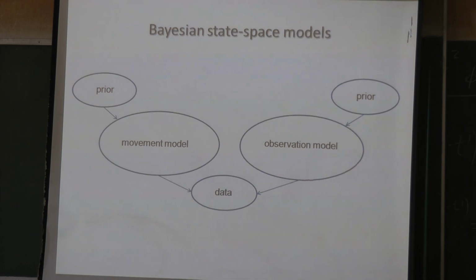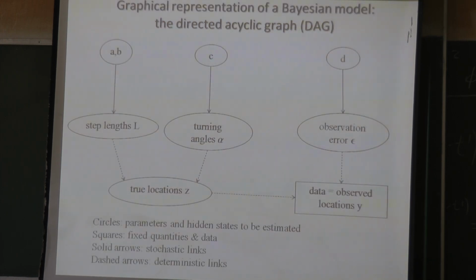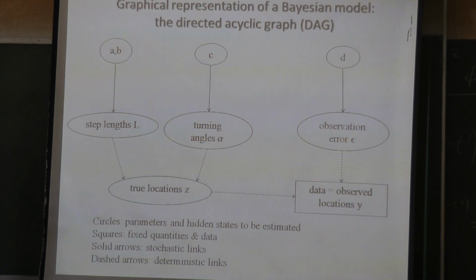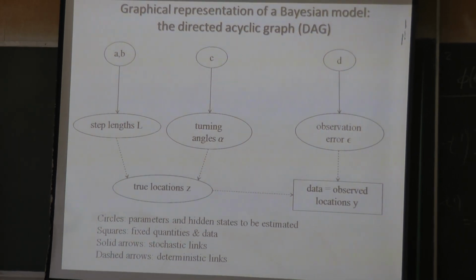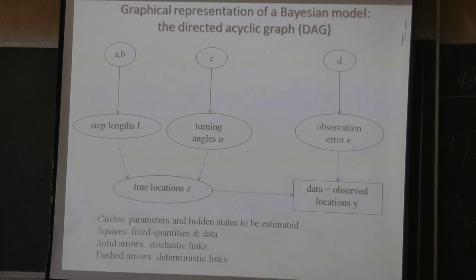Let me now draw this same diagram for a concrete example, in which case we call it the graphical representation of this Bayesian model, which is called the directed acyclic graph, DAG. And this is really central for doing hidden Markov models or Bayesian state space models.